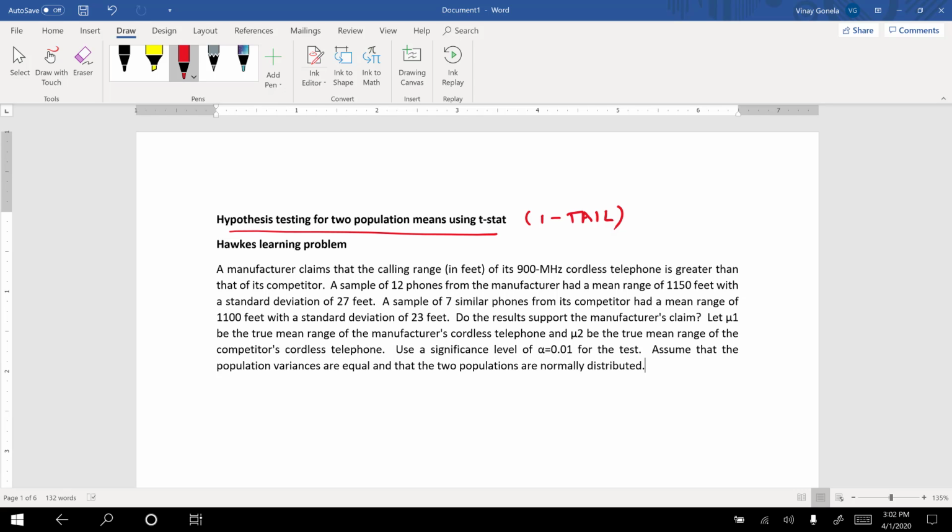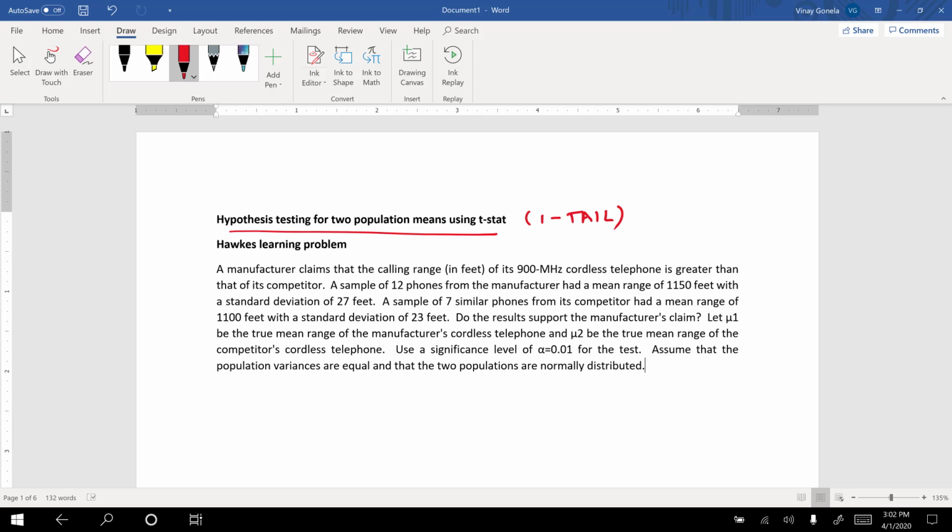So the question says a manufacturer claims that the calling range in feet of its 900 megahertz cordless telephone is greater than that of its competitor. A sample of 12 phones from the manufacturer has a mean range of 1150 feet with a standard deviation of 27 feet.